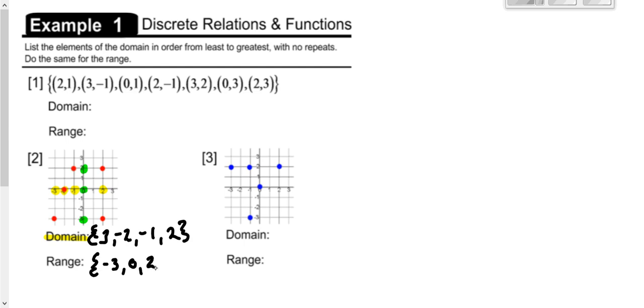So we're always going to list our domain and range in these set brackets. We also are going to list them from least to greatest. It's just a way to organize that information.